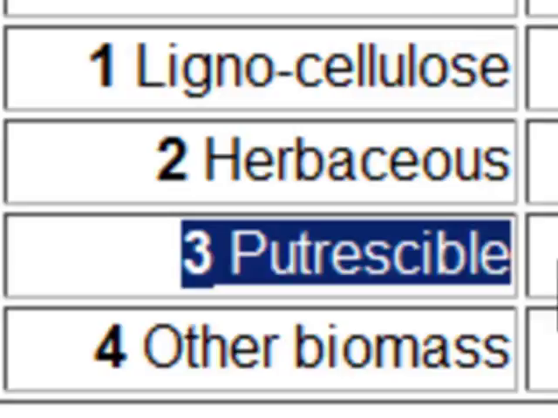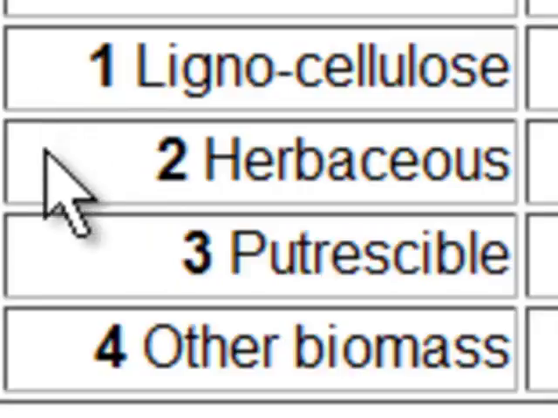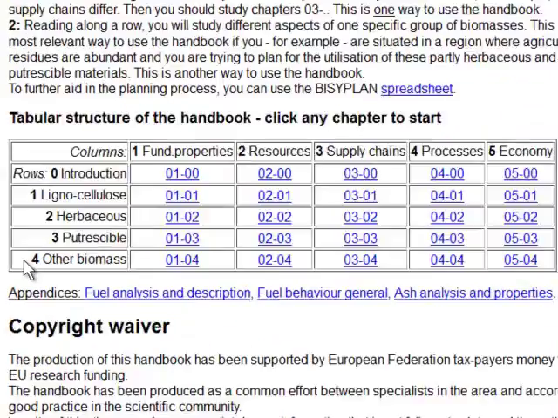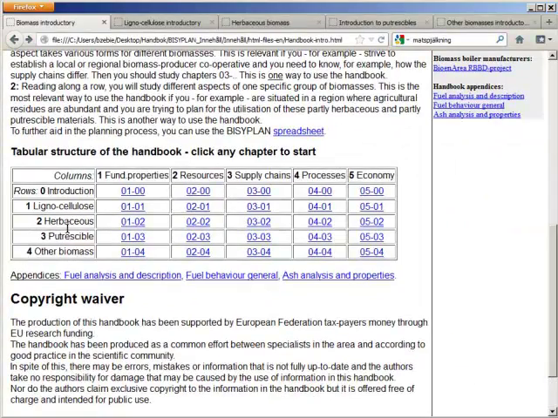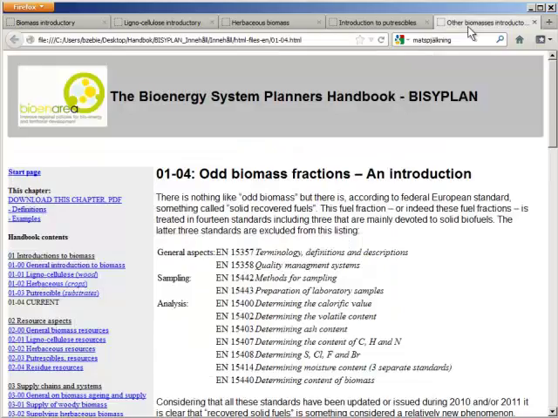Otherwise, the biochemical conversion process will become too inefficient. So these three groups, lignocellulose, herbaceous biomass, and putrescible biomass, are distinguished by their content of lignin. Other biomasses, as treated in this handbook, will mainly be waste fractions from society.